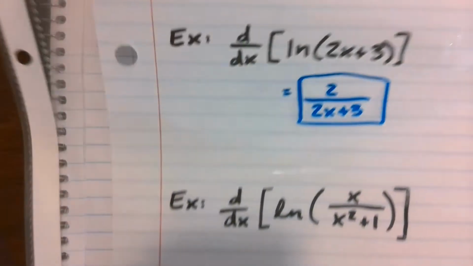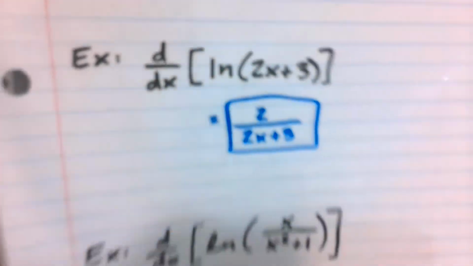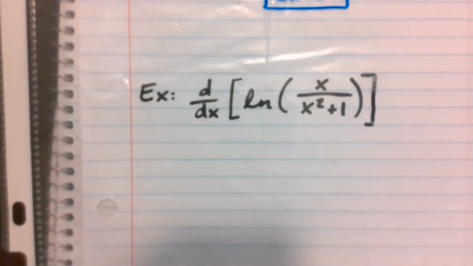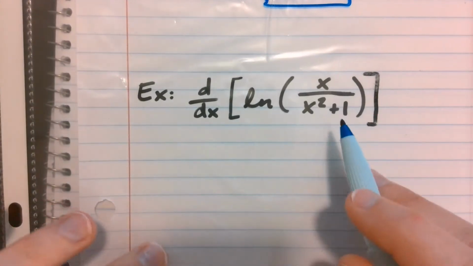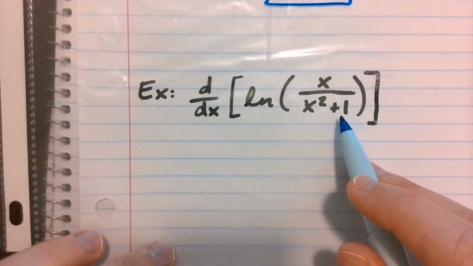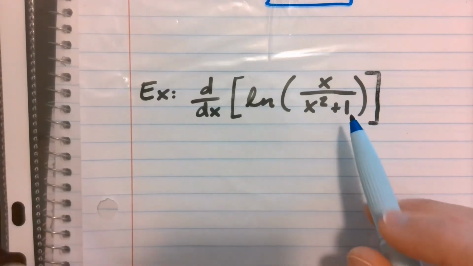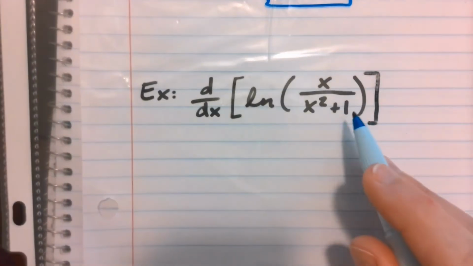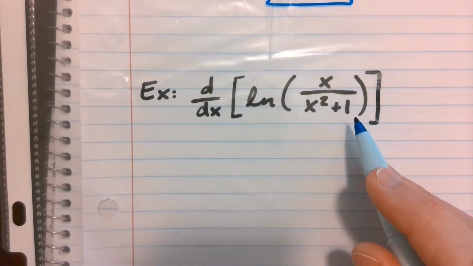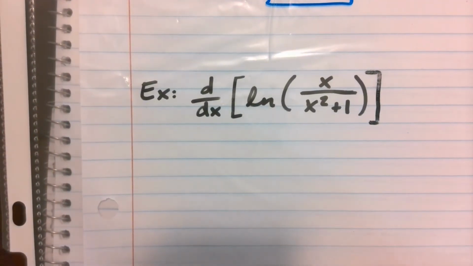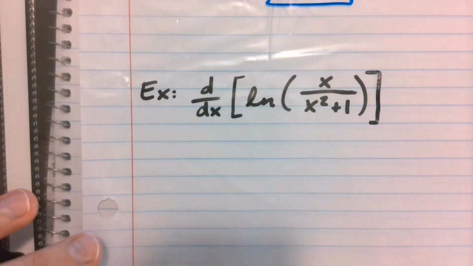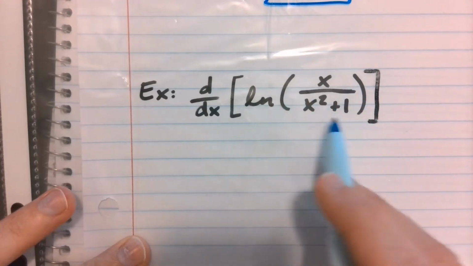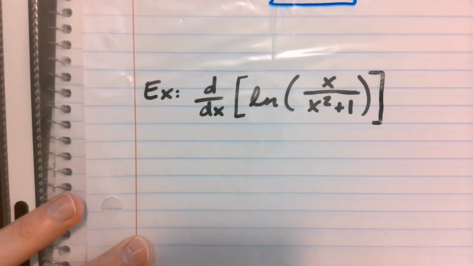We can have examples that maybe are a little bit more complicated. So if we've got this derivative, we're noticing in that argument that we've got division. So we may be thinking, okay, if I take the derivative of the argument divided by the argument, then my derivative of the argument is going to have to include the quotient rule, but we don't necessarily have to, because remember the properties that we were talking about earlier, I'm allowed to expand this into two different logs.